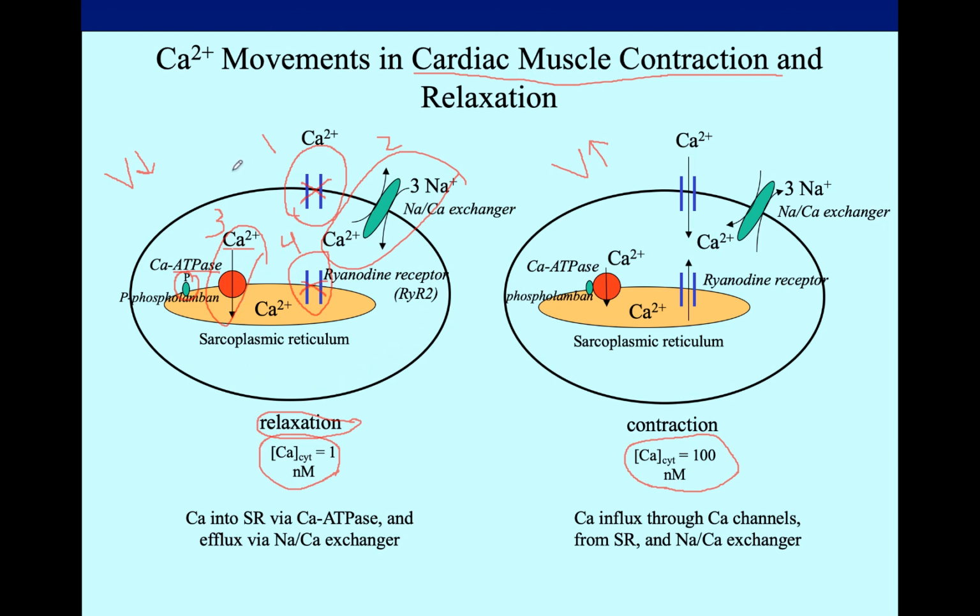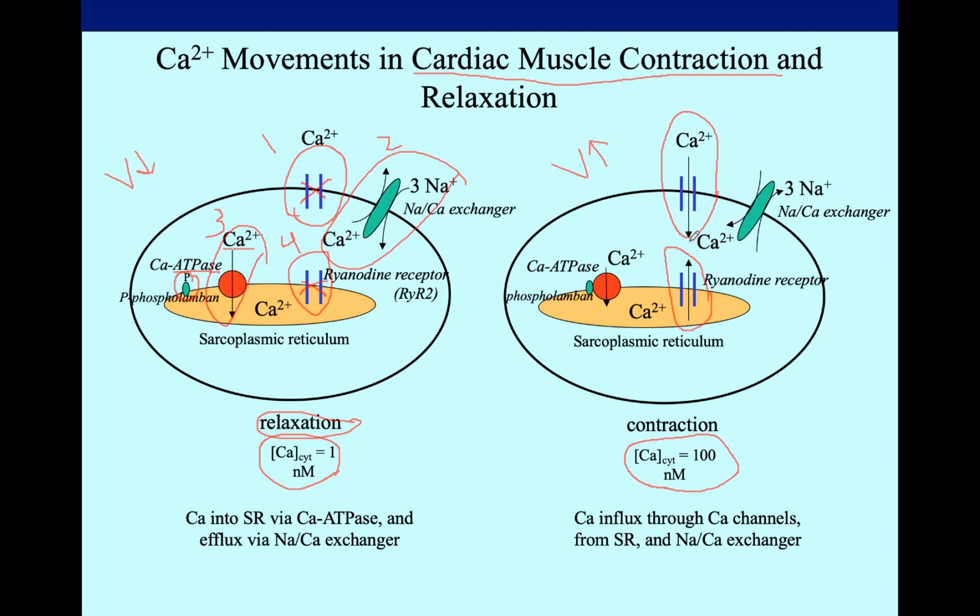Now, all these 4 transporters are going to be in a cell at rest. But once the voltage in that cell goes up, aka it depolarizes, a few things are going to change. Calcium channel 1 and our calcium channel here are going to open.